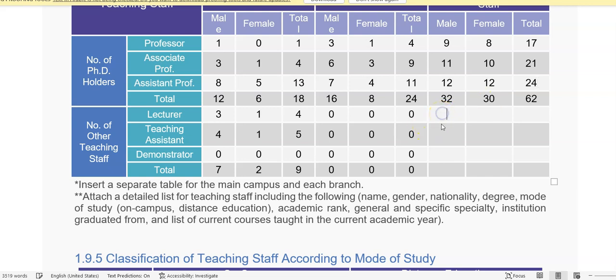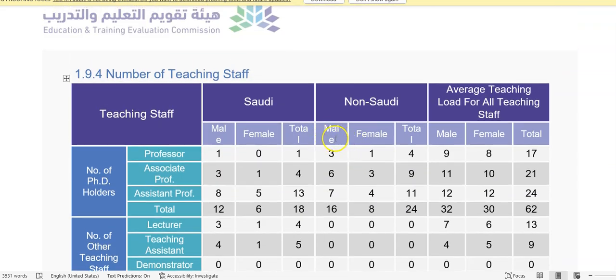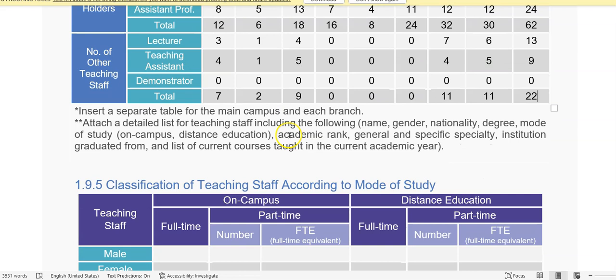Now, for lecturers, it depends. 7, 6, 13, teaching assistants, 4, 5, 9, here 0, 0, 0, and the total, of course, 11, 11, and 22. So we have now filled the table of numbering of teaching staff.